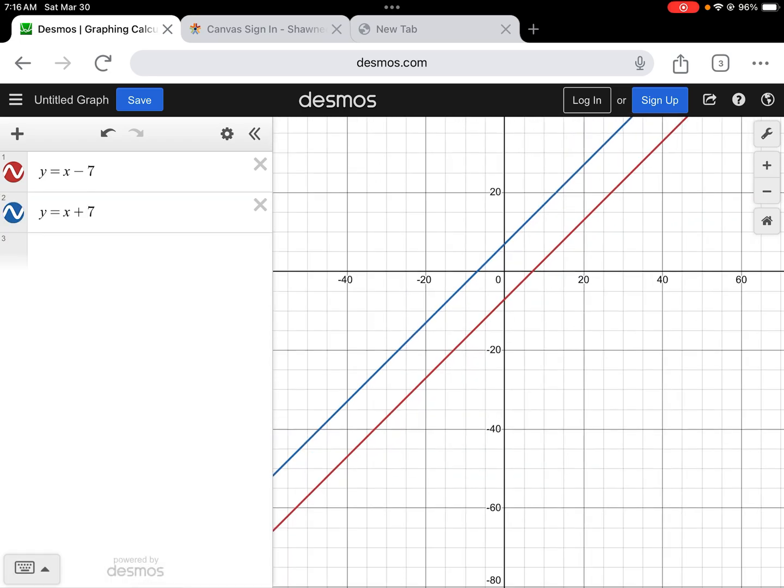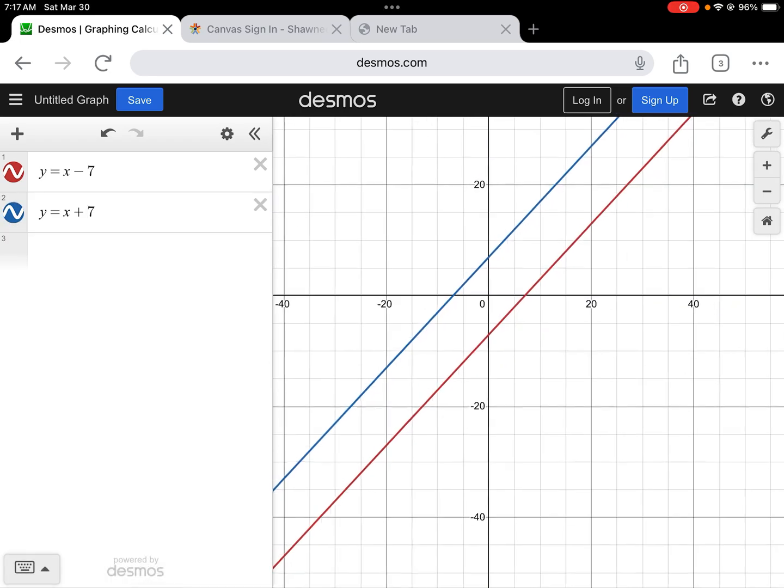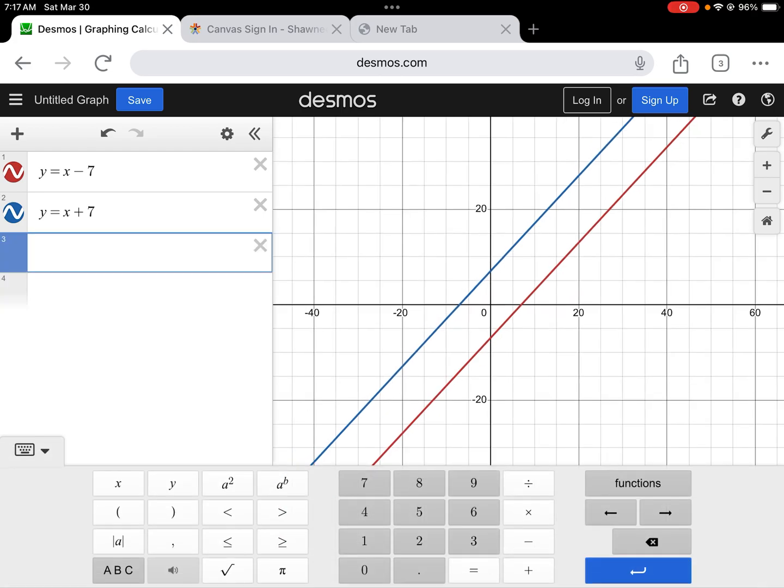And then if you're like, well, that doesn't really look like an inverse. Remember, the inverse is supposed to cross over the line y equals x. And if you folded it across the green line, then the blue line would land on the red line. So those lines are inverses of each other.